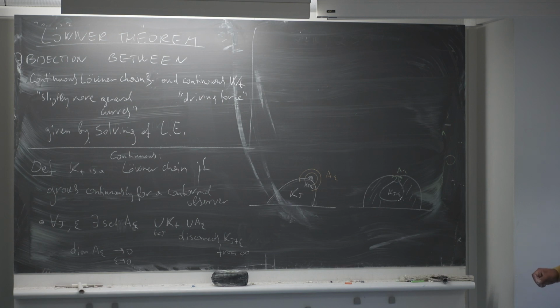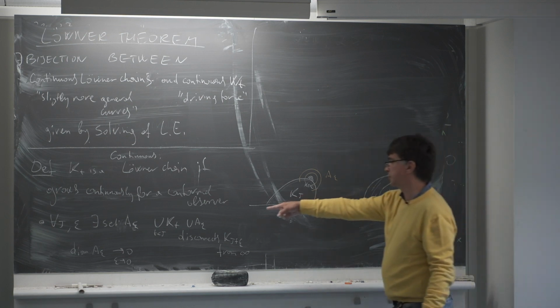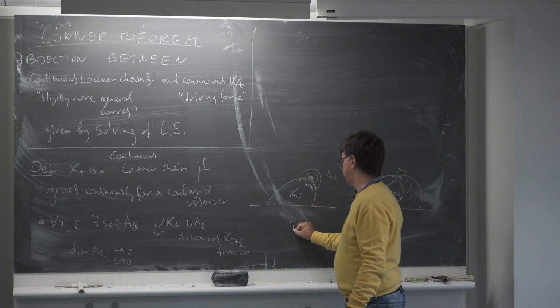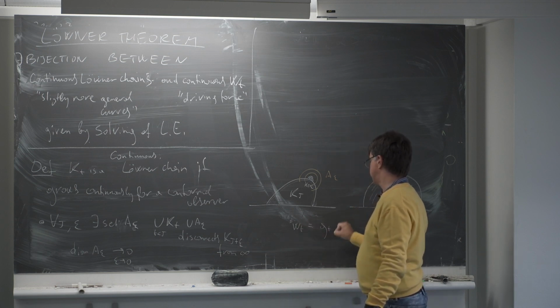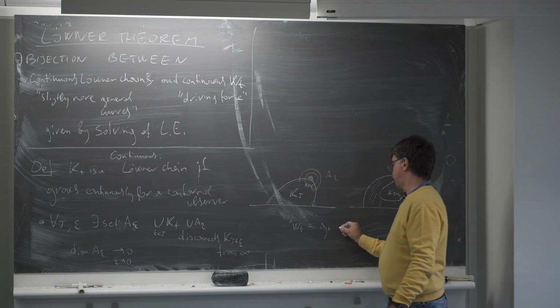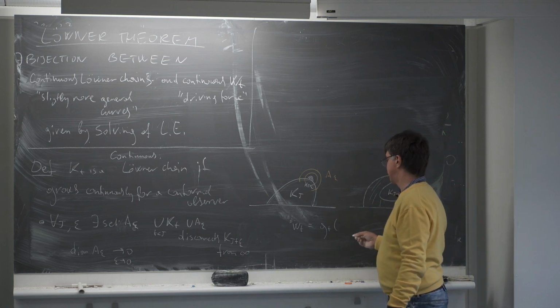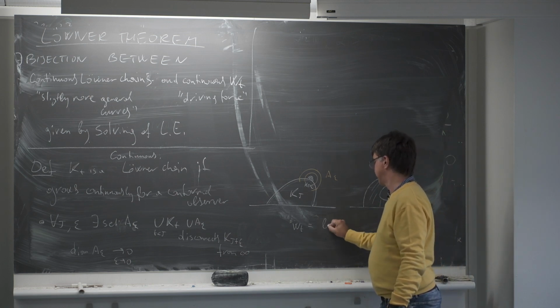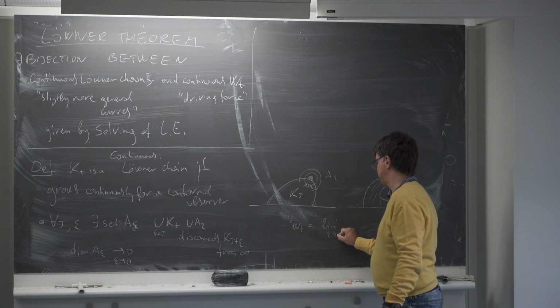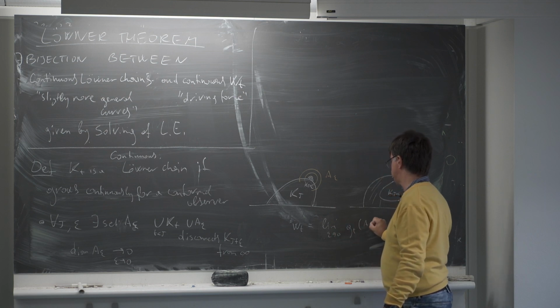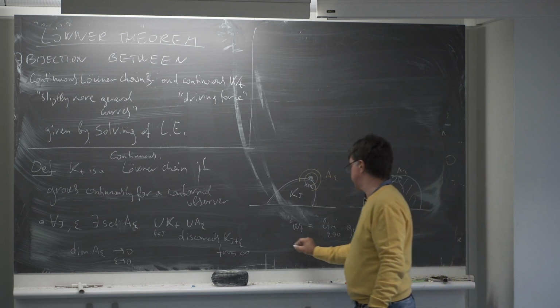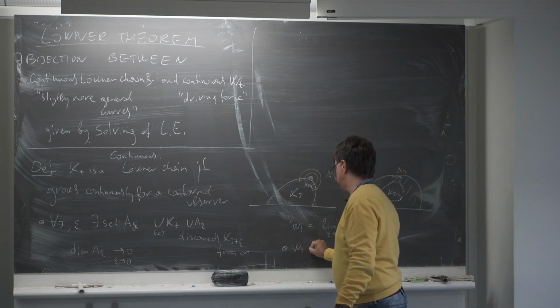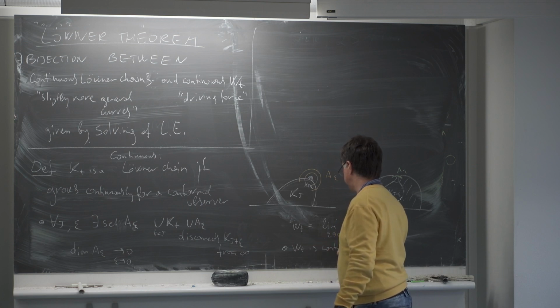And then the second thing is, since the diameter tends to 0, you can define W_t as the limit, as epsilon goes to 0, of g_t of A_epsilon, where this shrinking thing maps. So the second condition is that W_t is continuous.